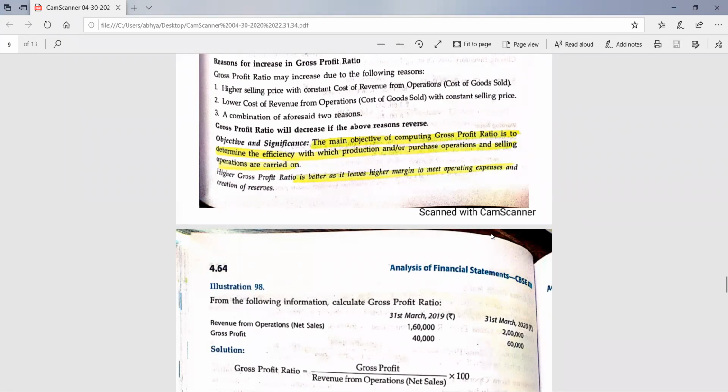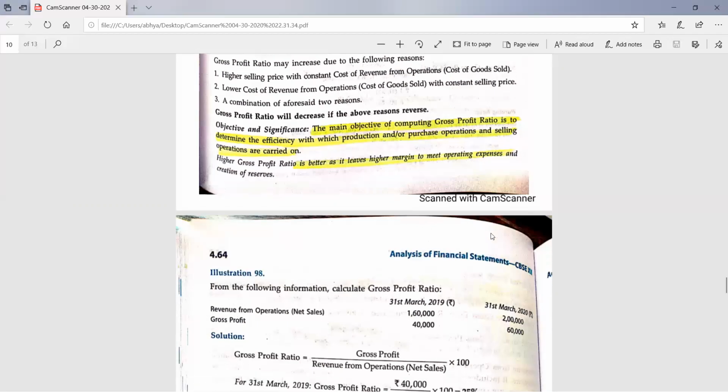Gross profit upon RFO into 100. Yes, everyone is giving me the correct answer.